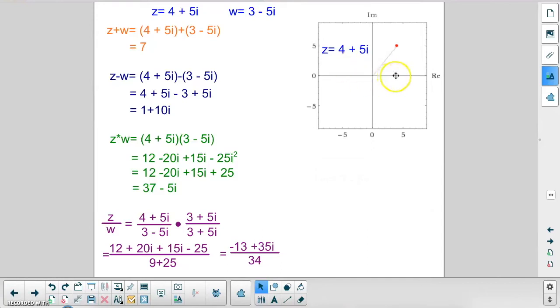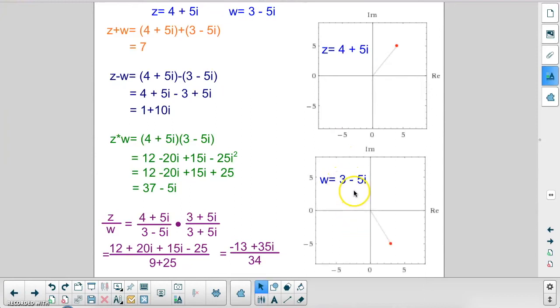So I will go over to 4, up 5, and make that vector line, and there's my imaginary number graphed. For 3 minus 5i, the real part is like my x, the imaginary part is like your y. So positive 3, negative 5, and there's the point where that imaginary number will be.